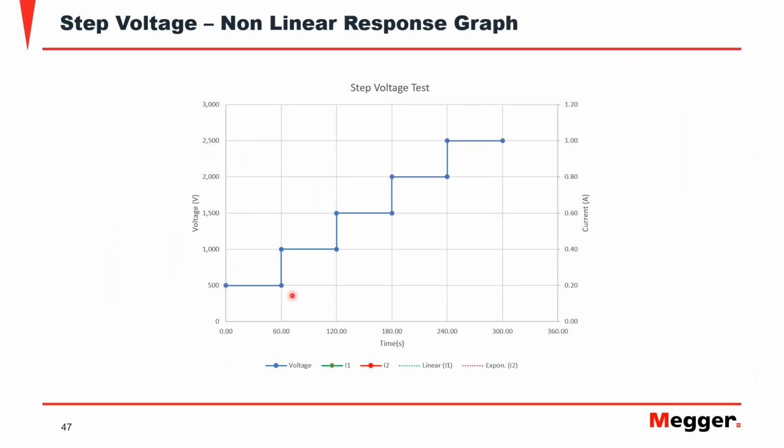Now, the step voltage test is used because typically when the insulation is good, you should have a linear relationship between the voltage and the current, meaning that as the voltage increases, the current should increase in the same amount, keeping the resistance constant. Remember that the resistance by Ohm's law is voltage divided by current.